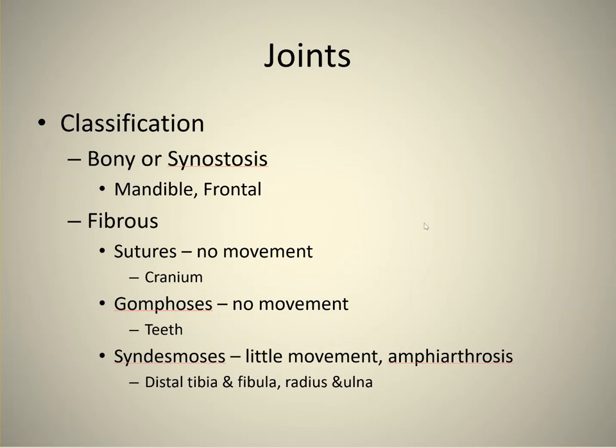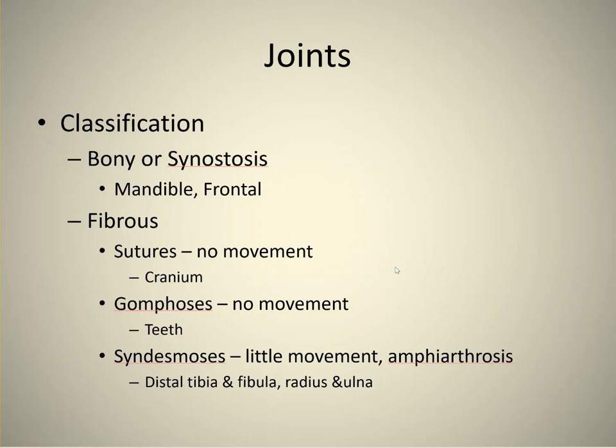Then fibrous joints. Dense irregular connective tissue, I'm pretty sure, is the fiber between, so it's dense fiber between the two bones. And the sutures in your cranium are an example of one. A gomphosis is teeth. Teeth in your mandible and in your maxilla bone are actually joints, immovable ones called gomphoses, and those are synarthritic joints, completely immovable.